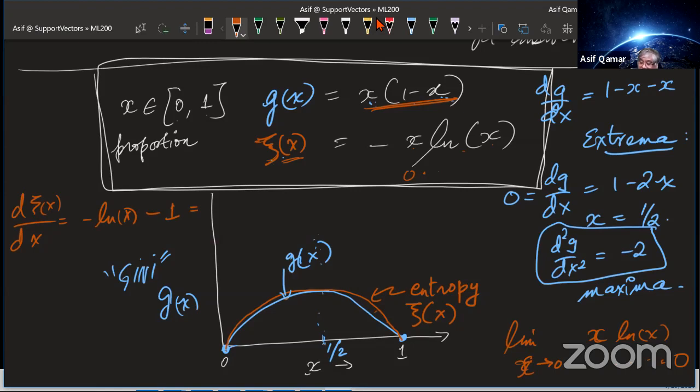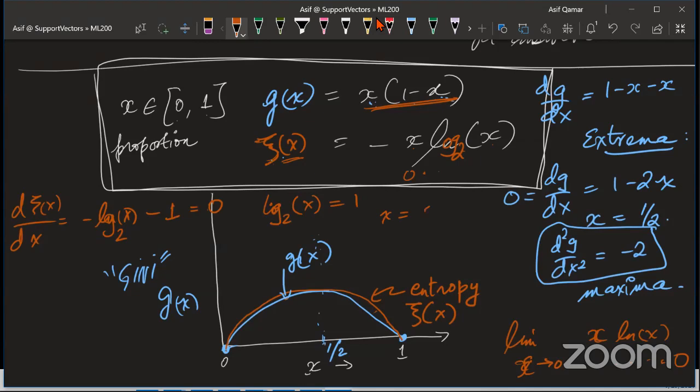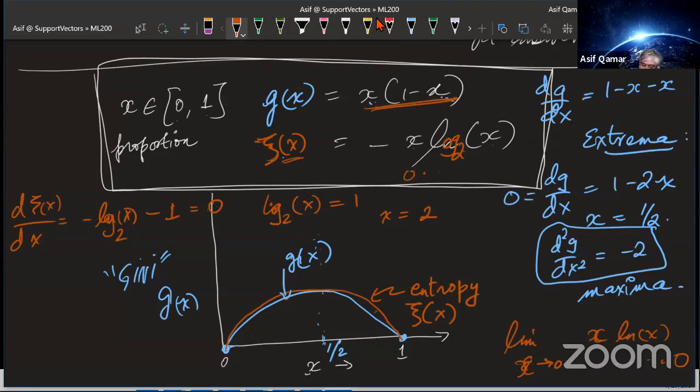Oh, by the way, I made a mistake. Typically you take the natural log for entropy, but in machine learning, you actually take it to the base 2. My mistake. Log to the base 2. If this is equal to 0, you are saying log to the base 2 of x is equal to minus 1.